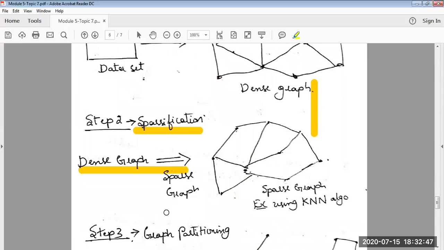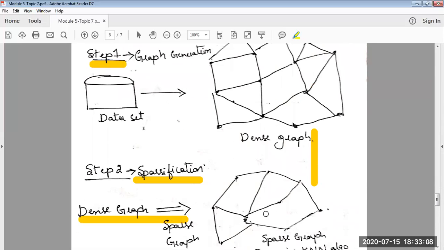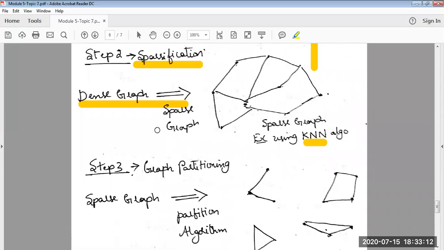How is a sparse graph created? Mechanisms were explored previously. You can even use KNN, using which a dense graph can be converted into a sparse graph. What is the difference? We had understood a dense graph has more connectivity compared to a sparse graph, which is lightweight, with less connectivity. So now we have completed step 2.